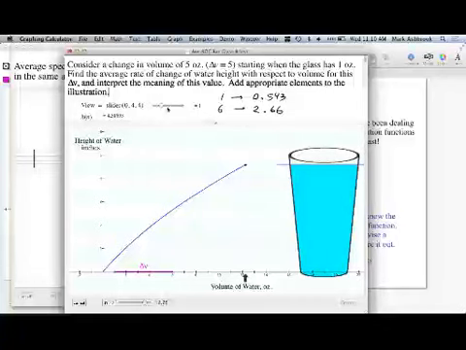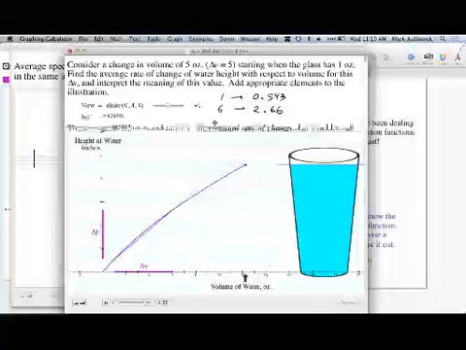So this is what this would look like. If you drew a line from the value of 1 on the blue graph to the value of the line at 6 on the blue graph, a straight line between 2 points. Like this? Yes. Right. Okay. So that purple line represents the average rate of change, 0.423 inches per ounce.